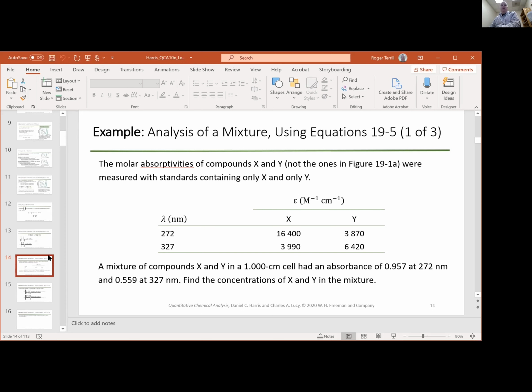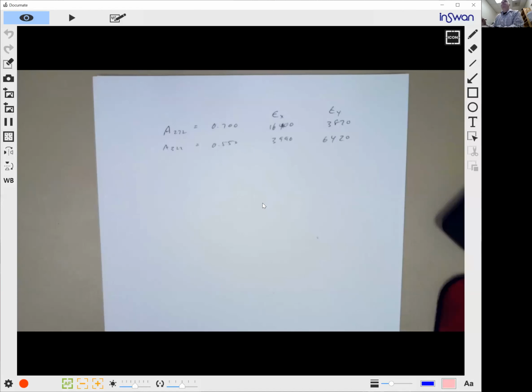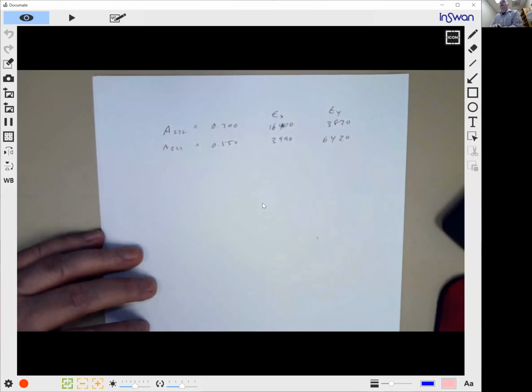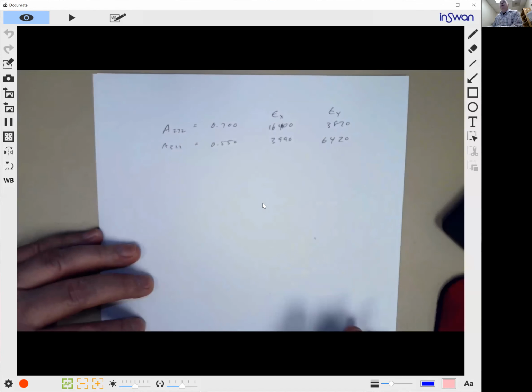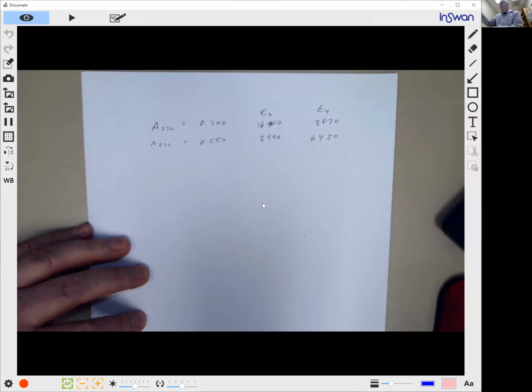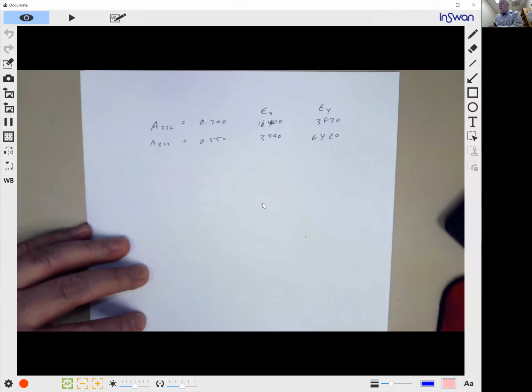Let me switch over here to the document camera. Sorry, I may need to refocus this a little bit, but there we go.